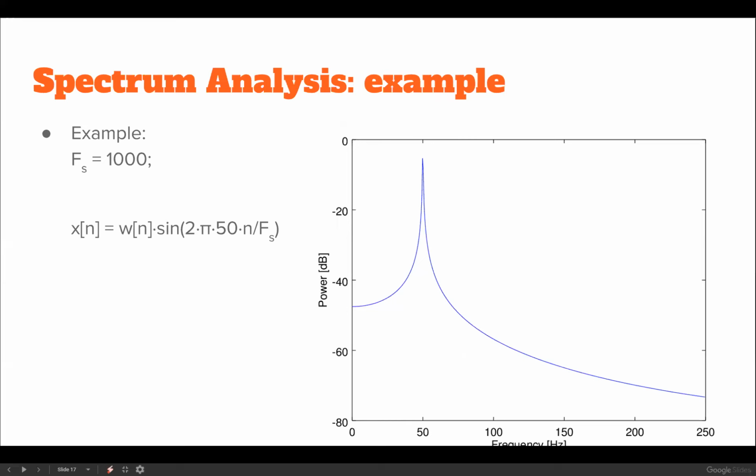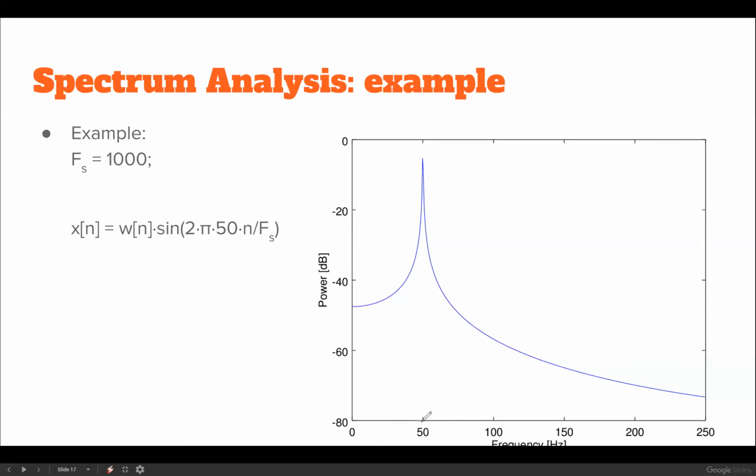Okay, spectrum analysis example. In the perfect analog world, meaning mathematics, this should actually show up as a straight line. Right, it's a single frequency, there's no power anywhere else.